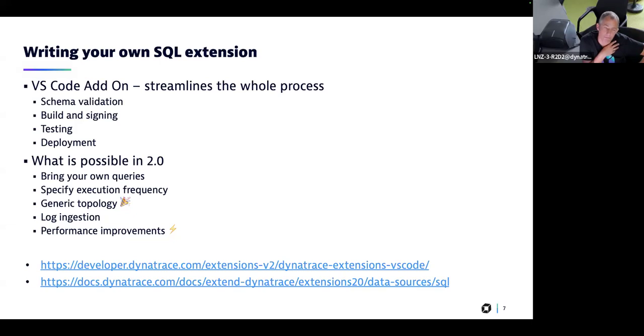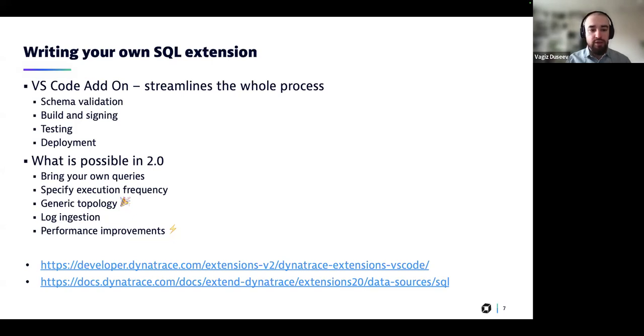This is awesome because you can enable Davis to analyze that, build a relationship between a certain database or host failing and the query bringing some abnormal results. That's something we do in our out-of-the-box extensions as well. So that's a big new thing in the 2.0 SQL data source.